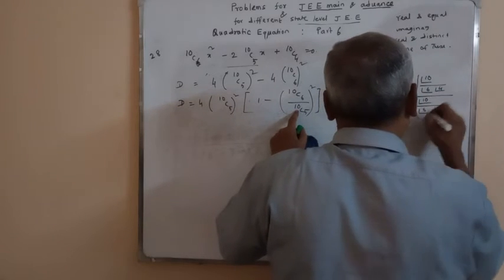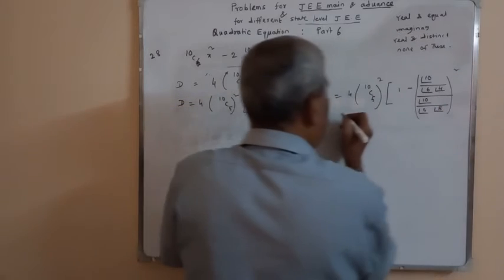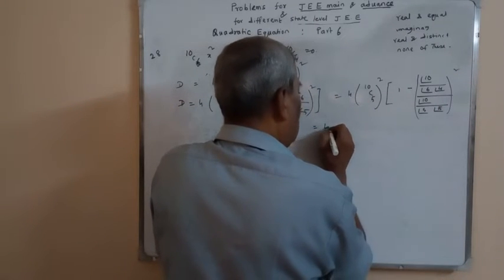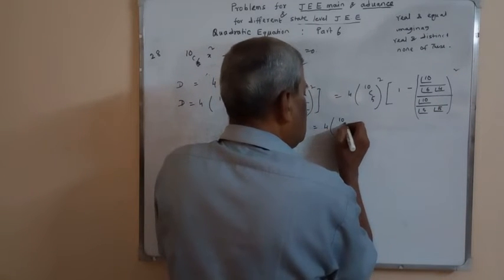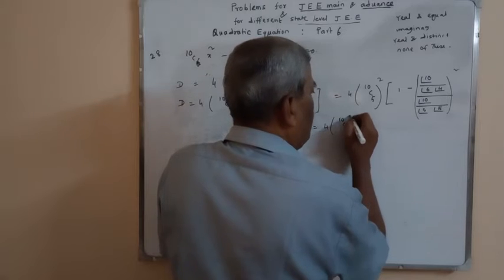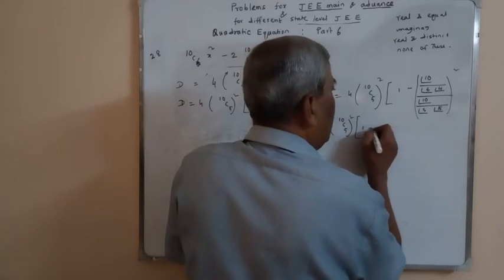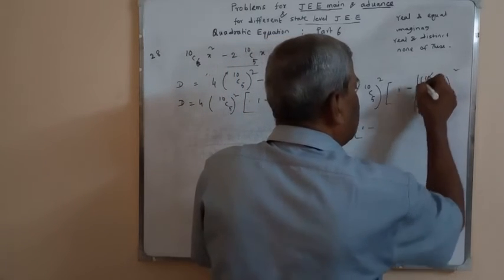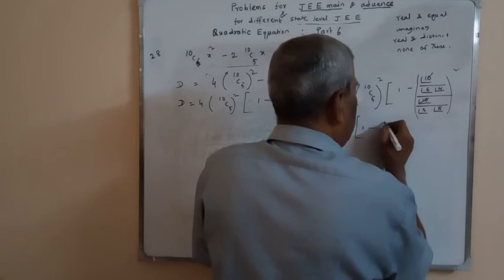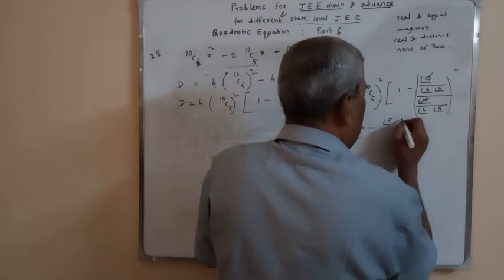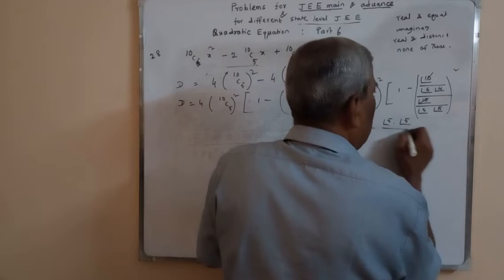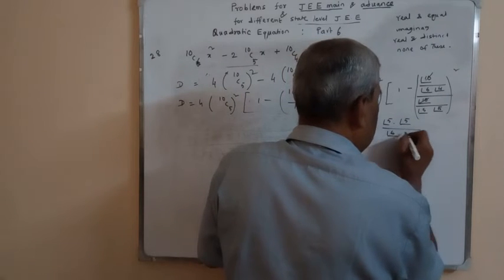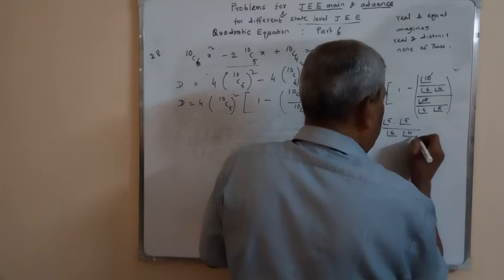It is equal to 4 into 10c5 whole square, 1 minus, factorial 10 cancels, so that factorial 5 into factorial 5 by factorial 6 into factorial 4.